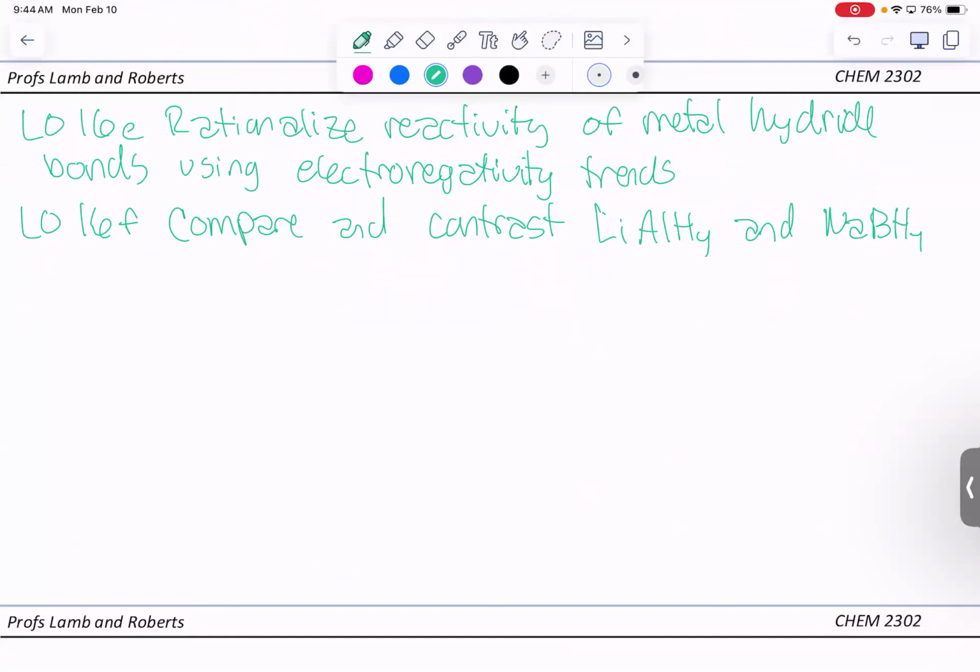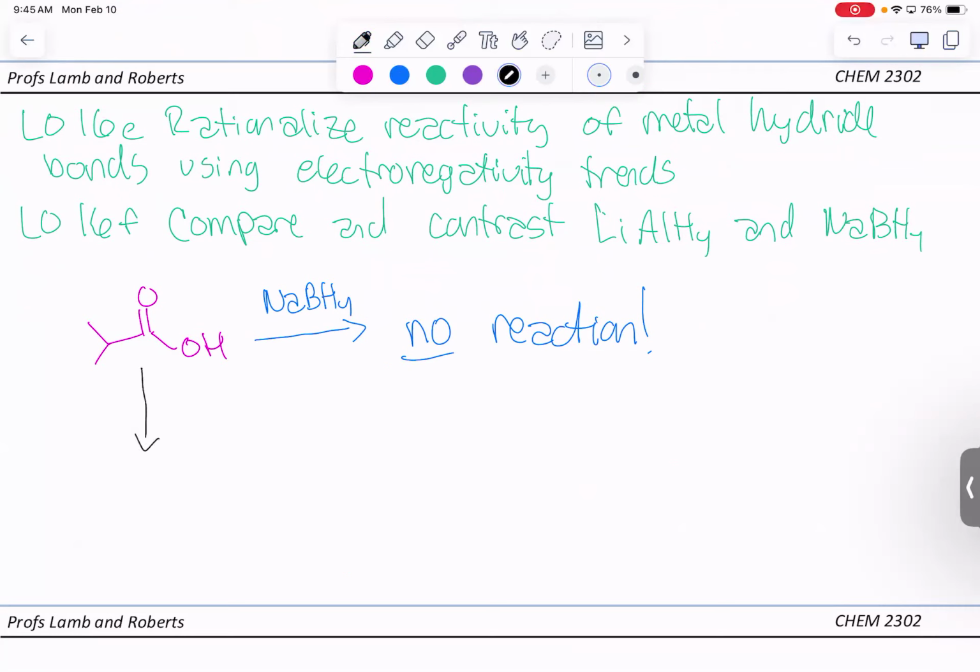All right, so we said that if we were to take, for example, an aldehyde here, a carboxylic acid here, we were to react it with sodium borohydride, there would be no reaction. Right, we said it's not strong enough of a hydride reagent.